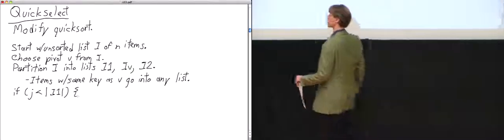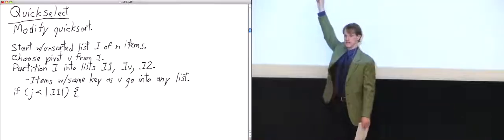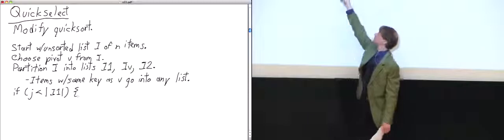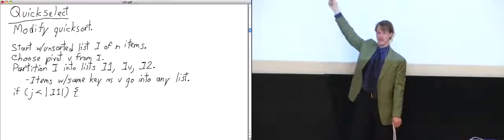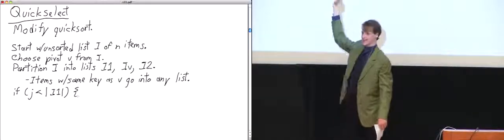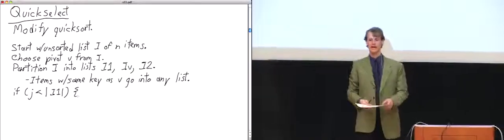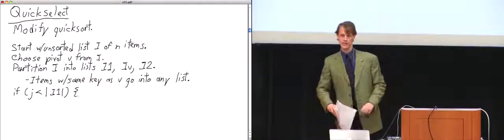So the first thing is figure out if it's in the first list. So the first list is called I1. This notation here means the cardinality of I1, the number of keys in that set I1. If index j is less than the number of keys in that set, then we know that that set is where we'll find the item with index j.